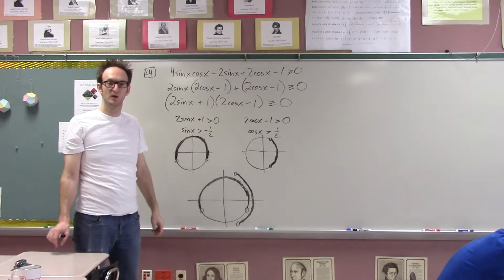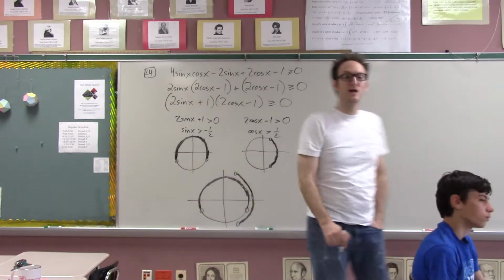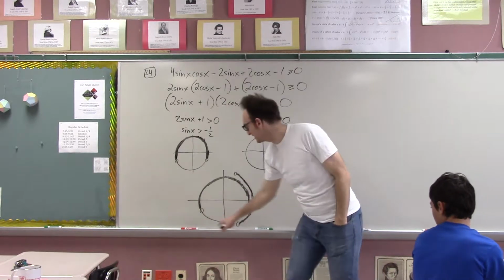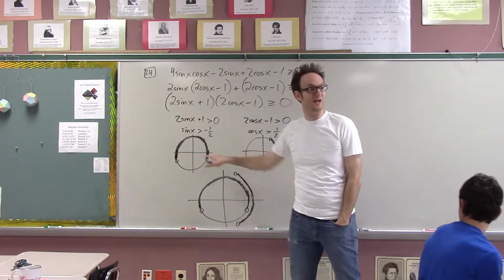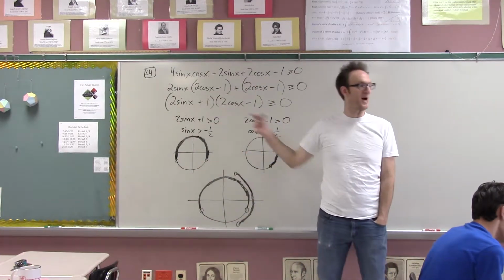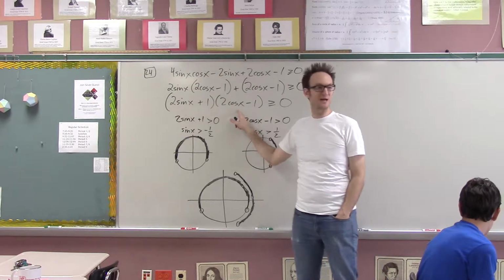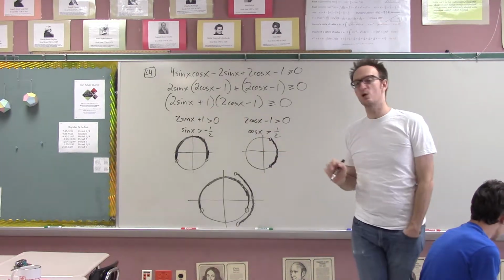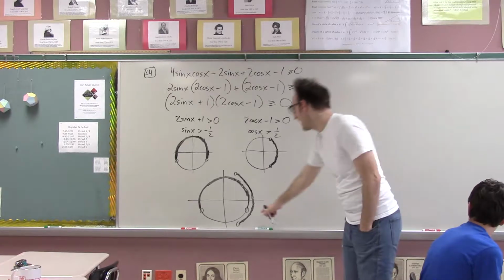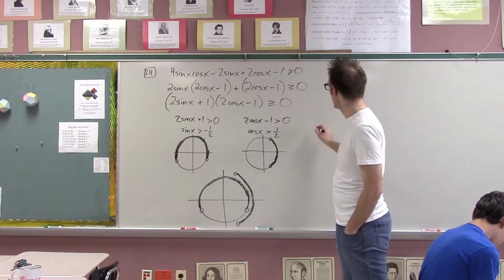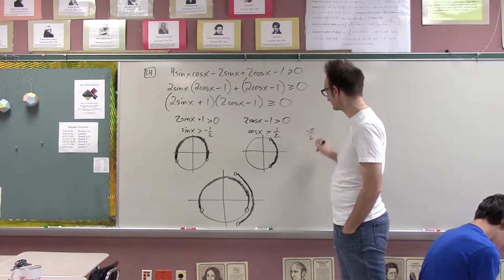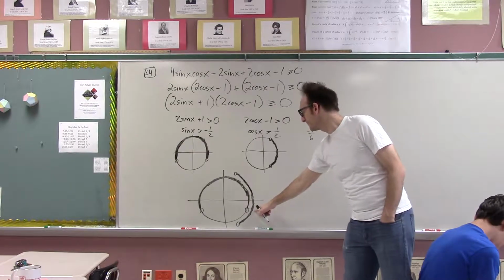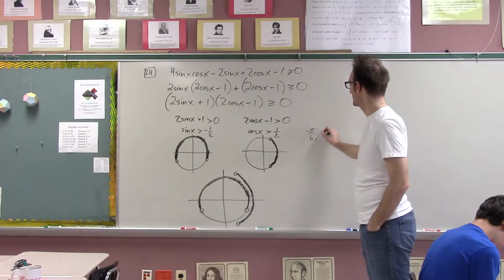Get it? If they're both unshaded, then that means they're both negative by the convention that I shade positive, and the product of two negatives is also positive. Okay, so I think it's going to be everything from negative pi over 6 to pi over 3. Are you following this?